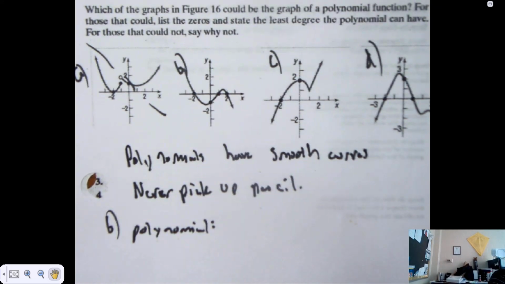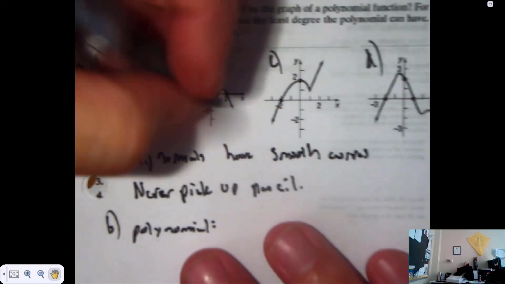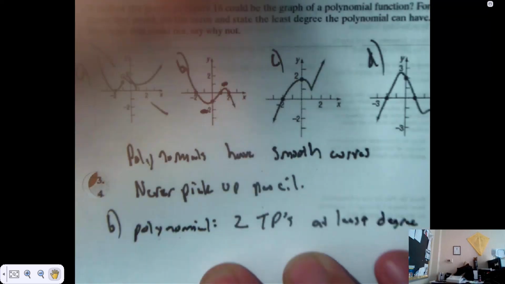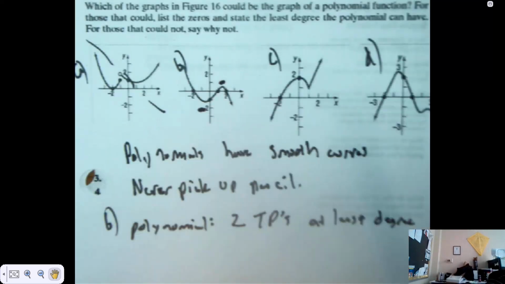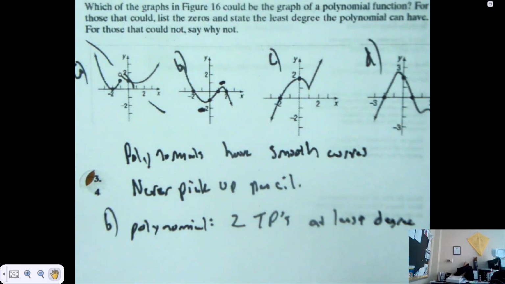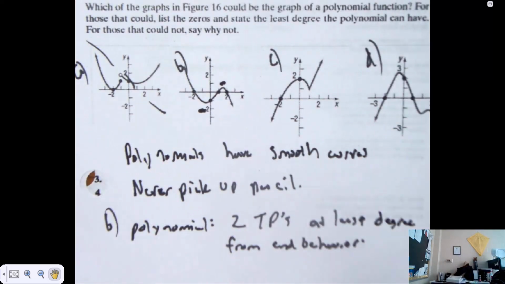How many turning points does it have? There's 2 turning points. Is it at least degree what? Cubed. Now there's actually more you know about this thing. You know about its end behavior too. Based on its end behavior, is it a positive x cubed or a negative x cubed? Negative, that's right.